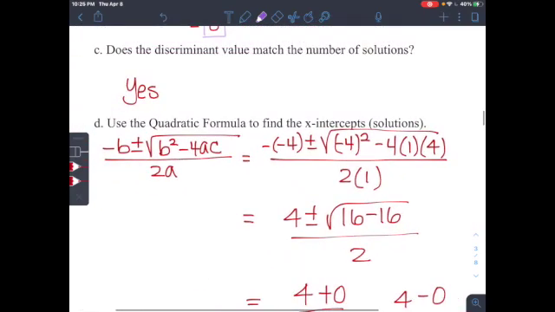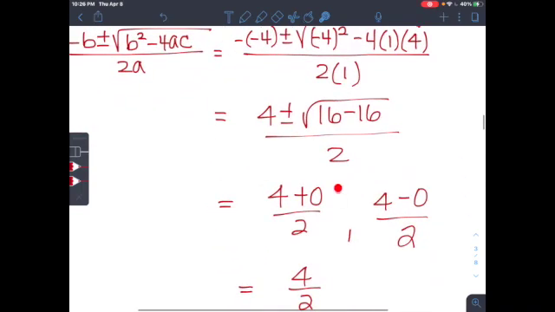Then when you go through the quadratic formula, I plug in everything right here. Negative b is negative 4, so I put down negative, parentheses, negative 4. Right here I do negative 4 in parentheses squared. When you work it out, it's 4 plus or minus the square root of 16 minus 16, which is going to be 0 right here.